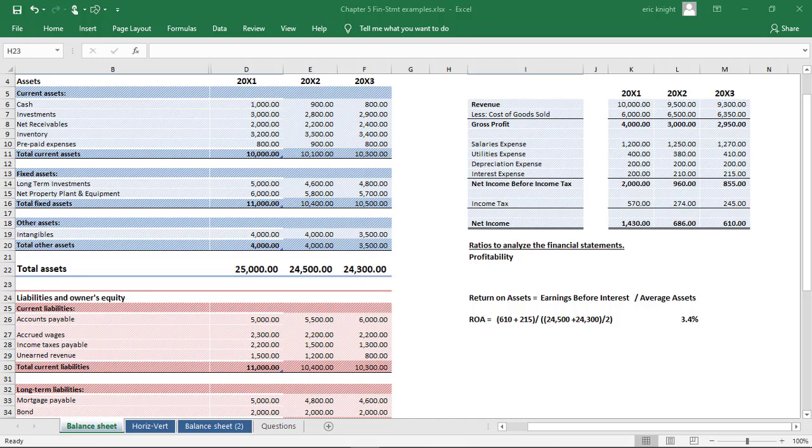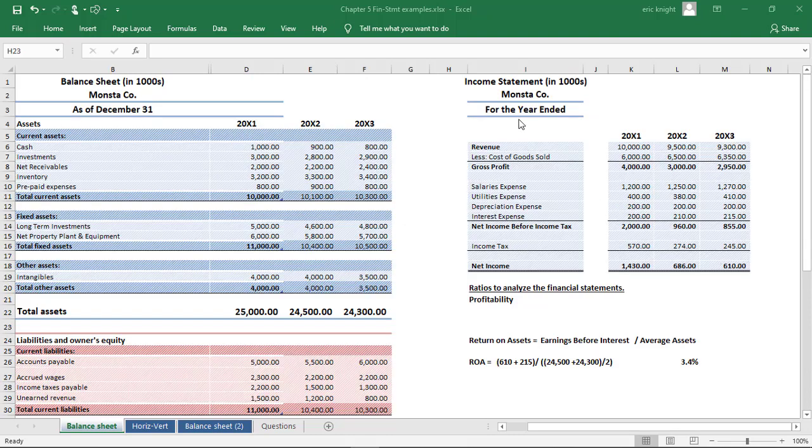Since the income statement is a period of time, the income statement is for the entire year, and the balance sheet is only for the end of one day, the end of December 31st, 20x3. So we're going to take the average assets from the end of 20x2 to the end of 20x3.